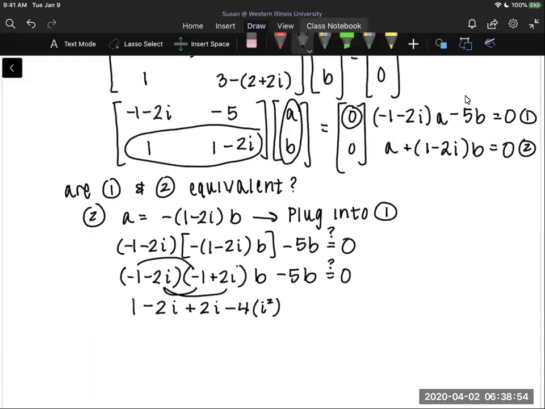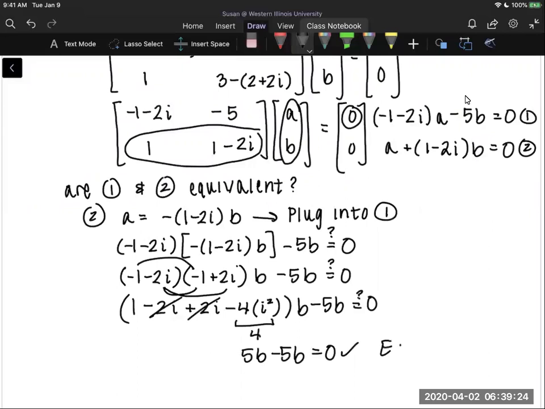Remember, i is the square root of negative 1, so i squared is negative 1. And so this right here is just 4. So what I have is these cancel. 1 plus 4 is 5b. So I get 5b minus 5b equals 0.